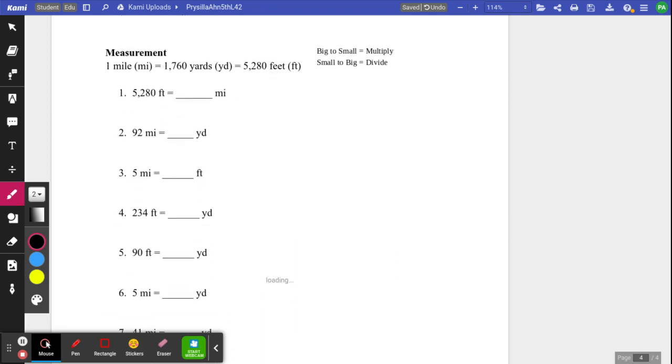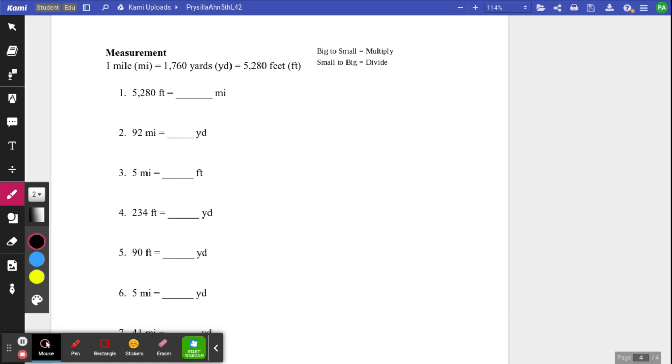And lastly, we will be working on measurements. Very quickly, when you're converting big units to small units, you multiply because the numbers get bigger. And when you go from a small unit to a big unit, you divide because the big units make the numerical value go smaller.